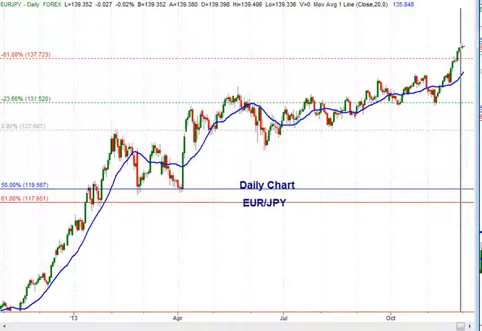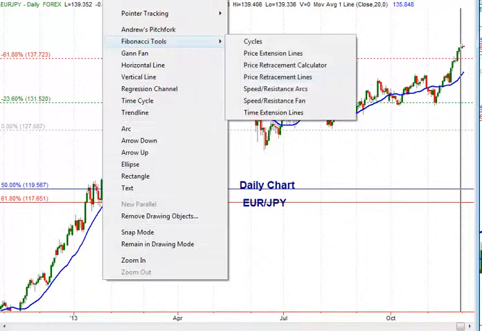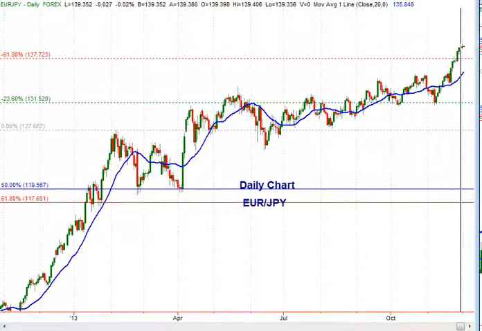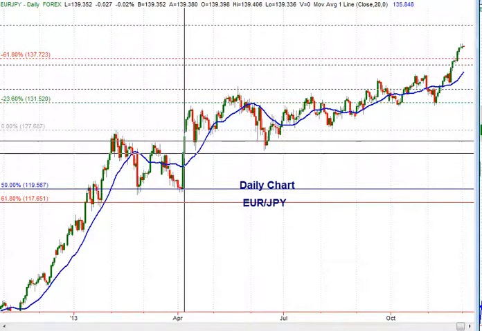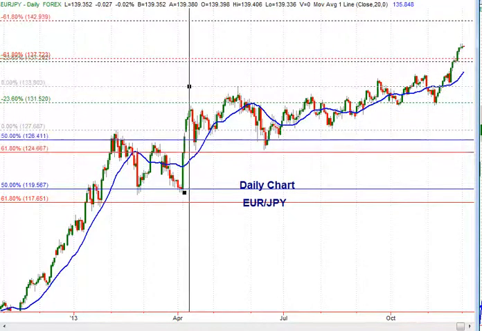So we need to understand where program trading is bringing this price, and it is important to look at where we had participation.